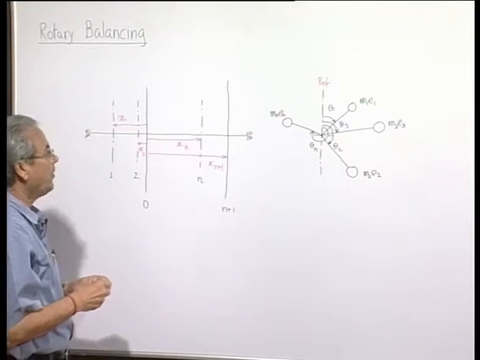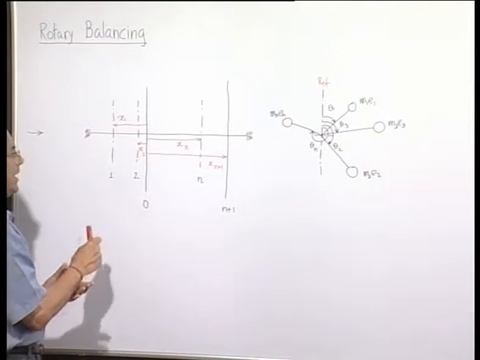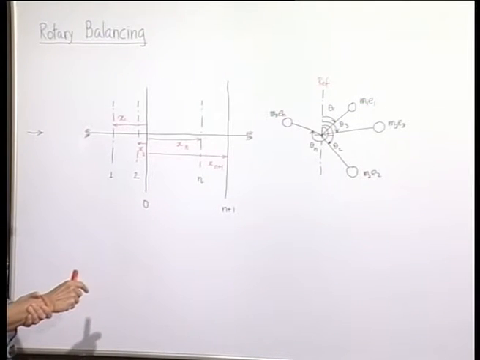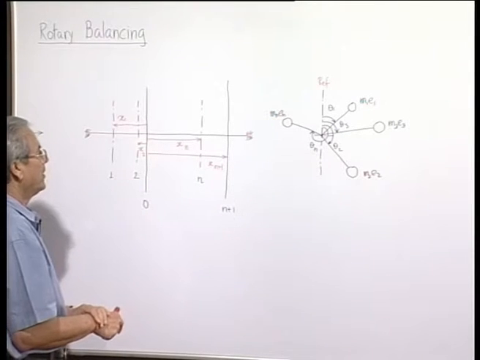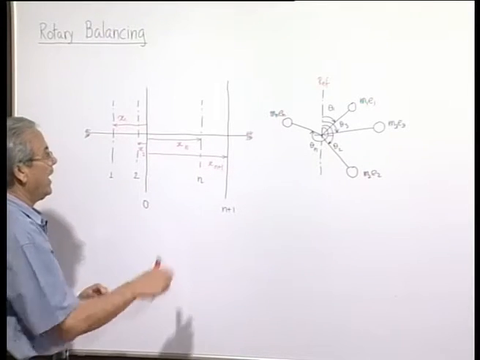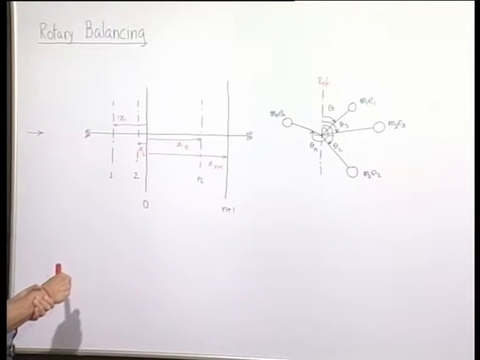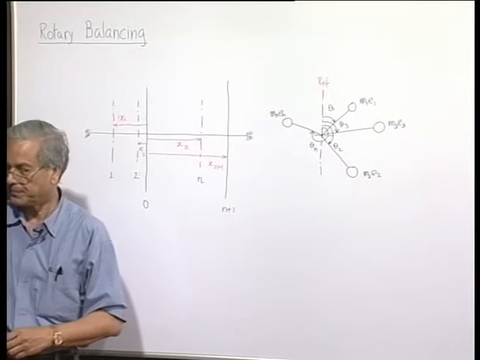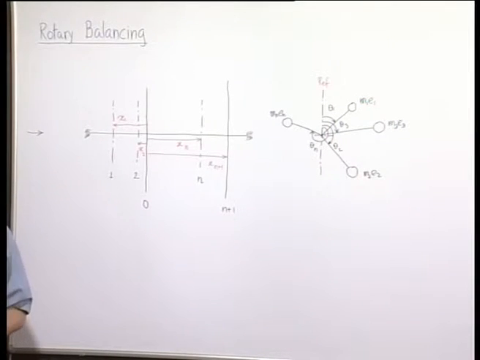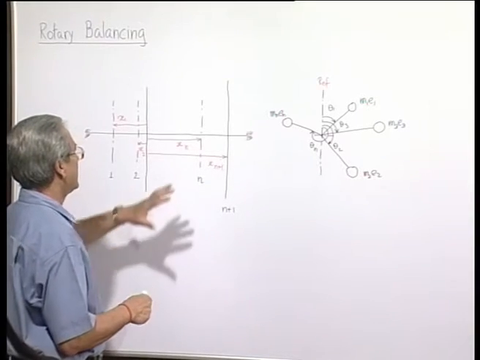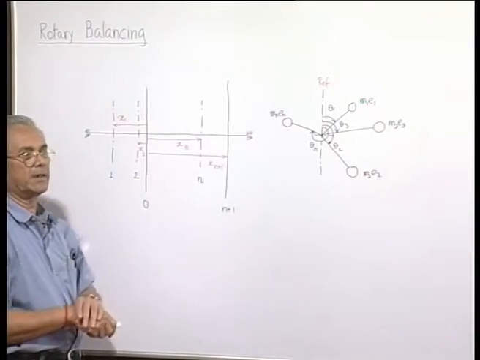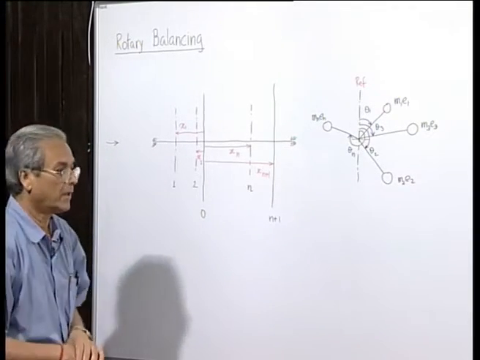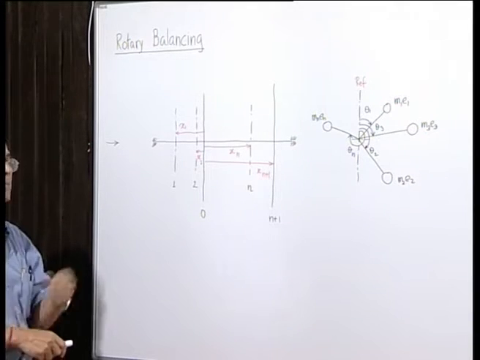Our problem is to find out m 0 e 0 and m n plus 1 e n plus 1 placed at these two planes, balancing planes, and the values of theta 0 and theta n plus 1, so that the system is completely balanced. When we say completely balanced, what we mean is that there will be no unbalanced resultant inertia force and there will be no resultant couple due to these inertia forces about any point.